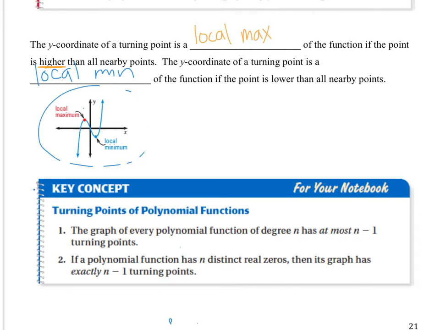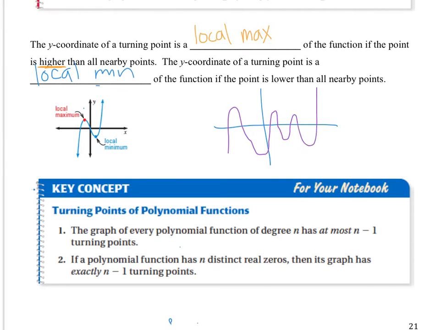So let me give you guys another example. And you guys know what mins and maxes are. So your mins would be here, here, and here.